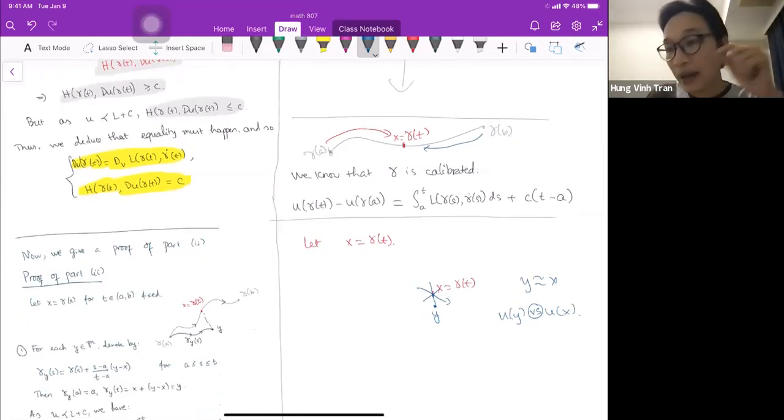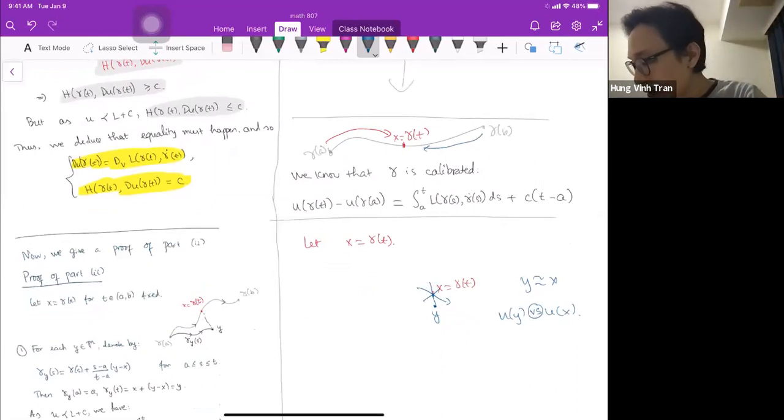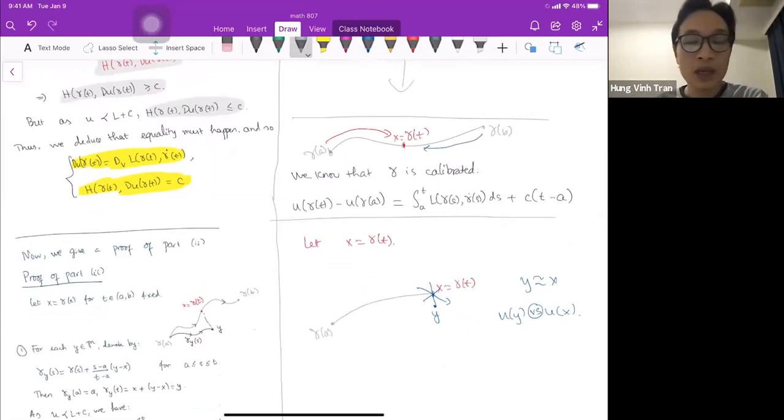A natural idea is that I have the curve gamma connecting from gamma a to gamma t like that. Naturally, I'm not saying this is the only way. In fact, you can write out some different variants of the proof.